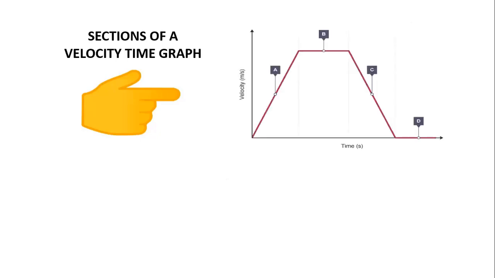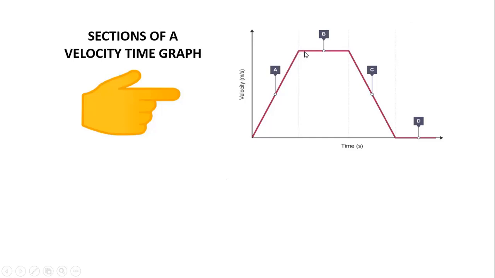Let's have a look at the sections of a velocity time graph. A velocity time graph basically has these sections. It has a section with a diagonal-like line facing forward, and this is called a positive gradient section. A positive gradient section simply indicates increasing velocity.